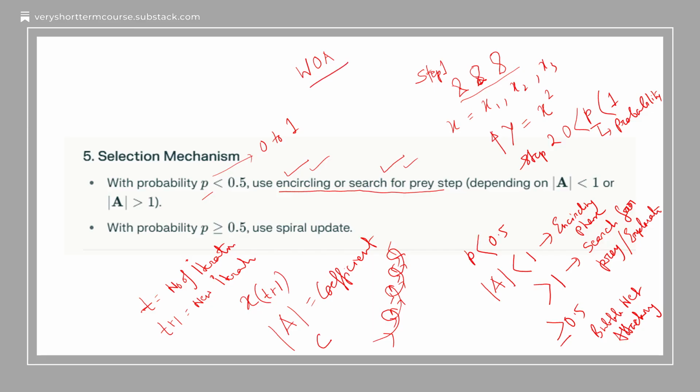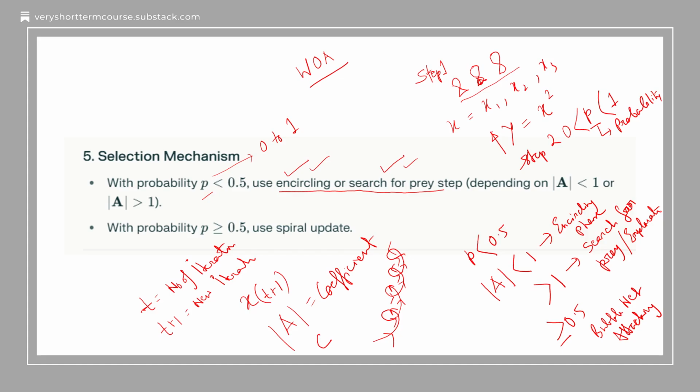Okay, so with this we will finish this presentation. And remember, bubble net attacking phase is the exploitation phase where global search is conducted, and which also ensures that the optimization doesn't get stuck in a local minimum. And the encircling phase and search for prey phase are both types of exploration phase where only a local space is searched.